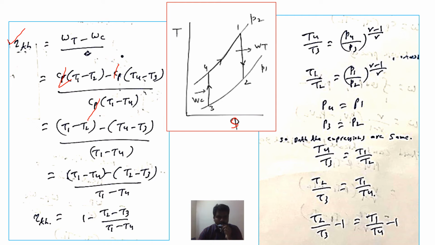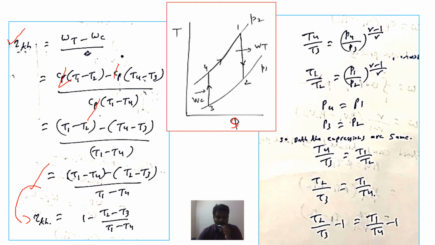The same thing we can write as T1 minus T4 minus T2 minus T3, divided by T1 minus T4. If we further simplify, thermal efficiency equals 1 minus T2 minus T3 divided by T1 minus T4.